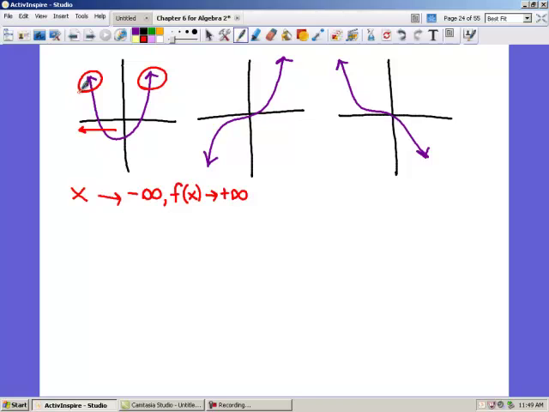So this is the first end, here's the second. So we also have to talk about this one. So if we go to this side, which is all of our positive values, so we'll just write x. X goes to the positive infinity, or positive side. Our function, what does our function do? It goes up. So it also goes to positive infinity.